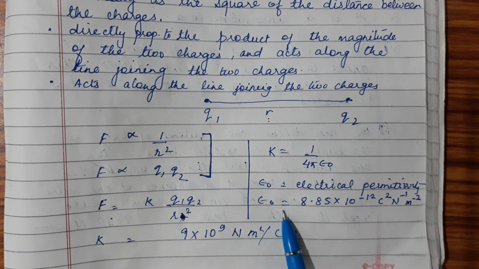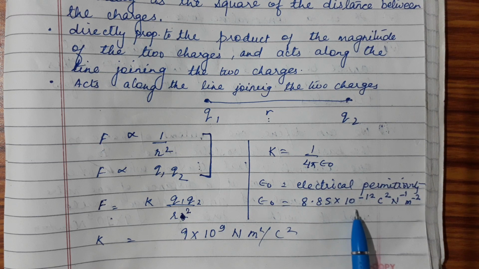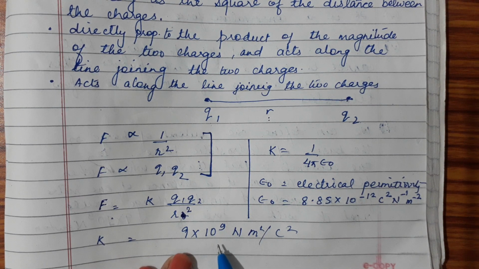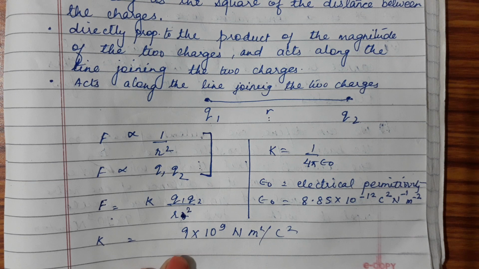The value of ε0 is 8.85 × 10^-12 C²/N·m², and the value of K is 9 × 10^9 N·m²/C².